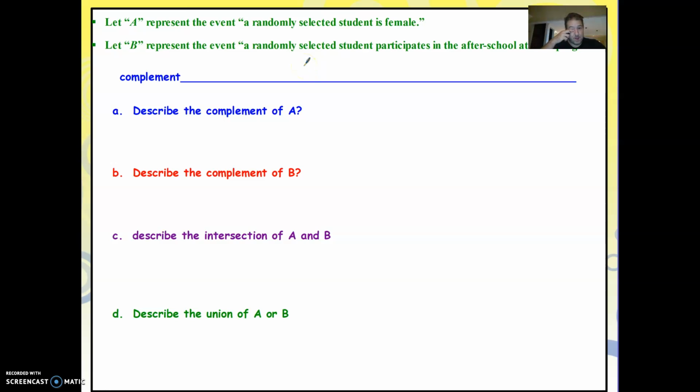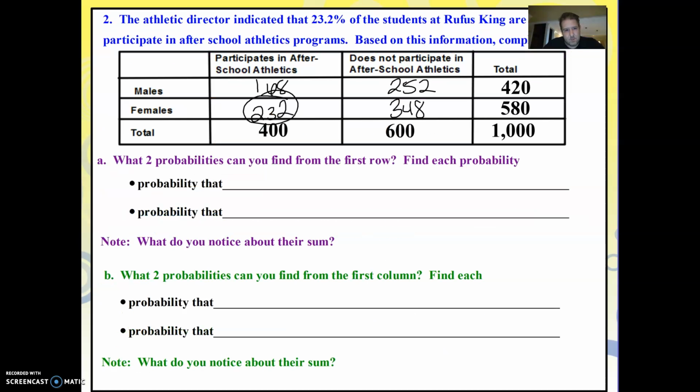So this is what I was talking about a second ago. Let A represent a randomly selected female. And let B represent a person who participates in athletics. So A is female. So I'm going to go back to my table for a second. A's are females, which means males are the complement of A, which means they're everybody who's not A. And B represents people who participate in athletics, which means the people who don't participate are the complement of B, so the people who don't participate in athletics.